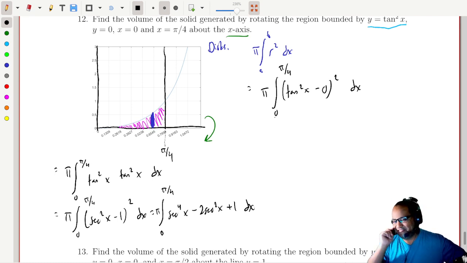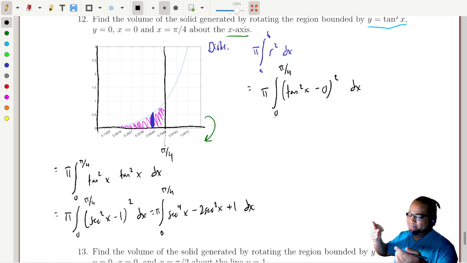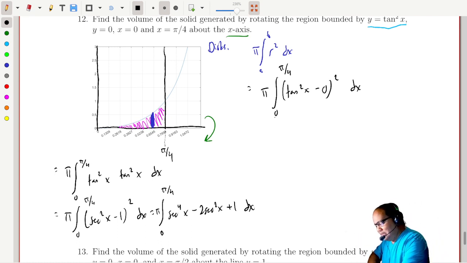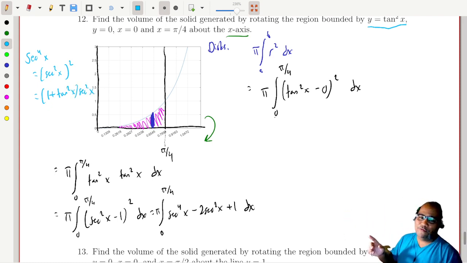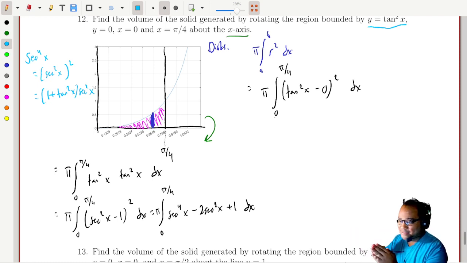Use that tangent again. Secant to the fourth, we'll rewrite it. Let's do some stuff here on the side so you can see what I'm talking about. Secant to the fourth of x we'll rewrite as secant squared squared, and we'll rewrite that as 1 plus tangent squared times secant squared x. Now you see that it's helpful? I get something that pops out.